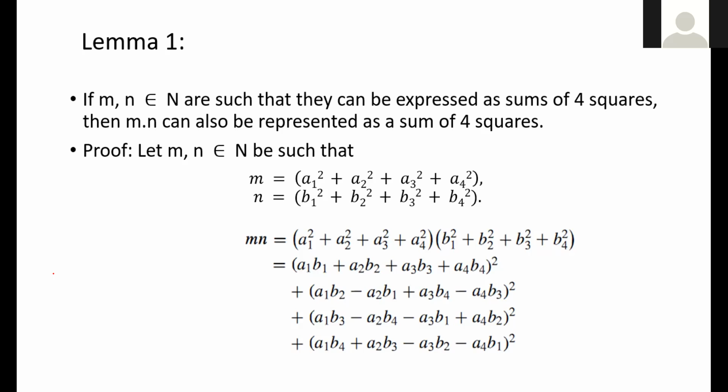What he did was he took a pair of quaternions, alpha and beta, such that alpha is a1 plus a2i plus a3j plus a4k, and beta is b1 plus b2i plus b3j plus b4k. And so alpha into alpha star, where alpha star is the quaternion conjugate.